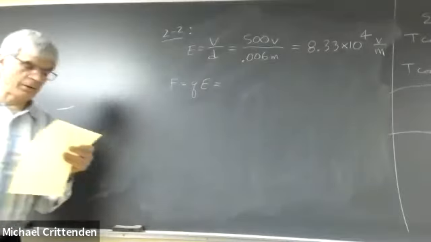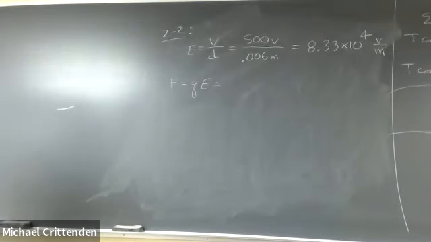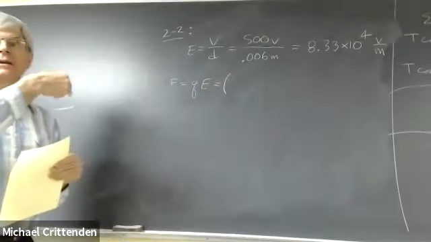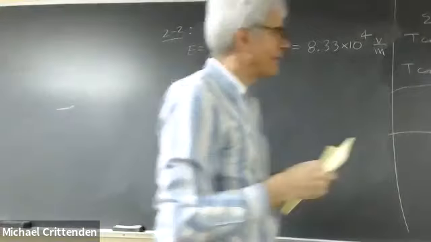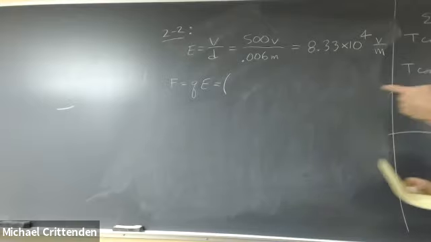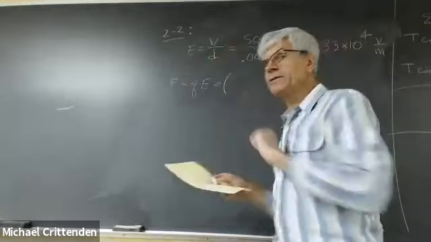The force experienced by an electron in this field, well, I'm not trying to keep track of the directions of anything here. The question doesn't give me enough information to handle the directions. We don't know if this field points up, down, right, left, or sideways. So I'm just interested in the magnitude of the force.